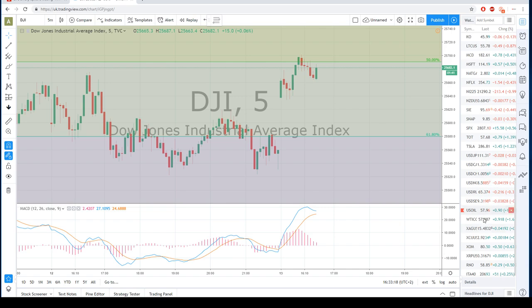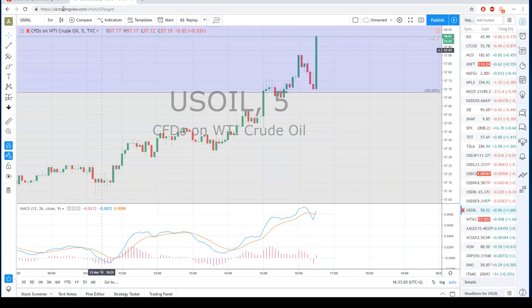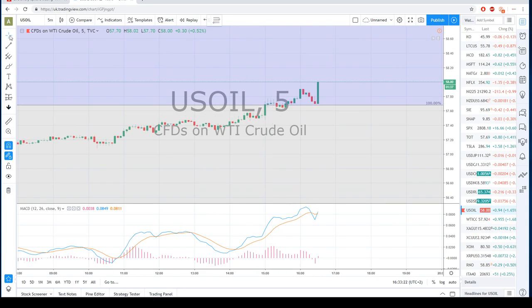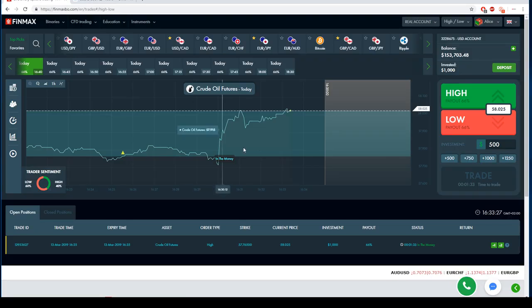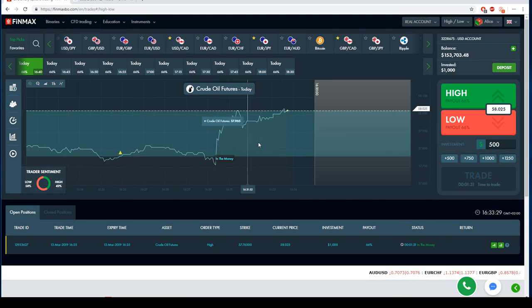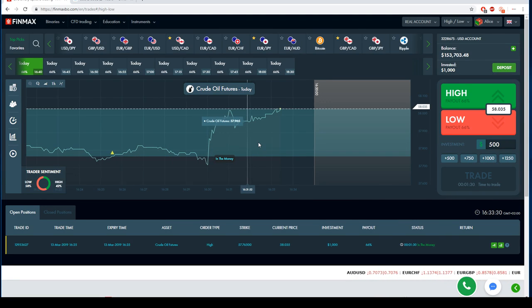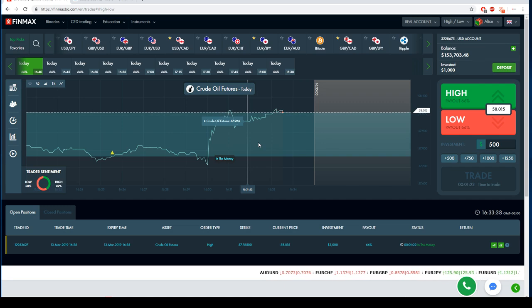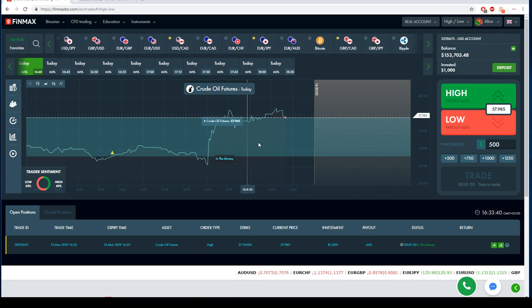Okay. So probably I closed the CFD trade in the money, but well, the most important thing, the rule for the traders, is never be greedy. Greed is our main enemy.